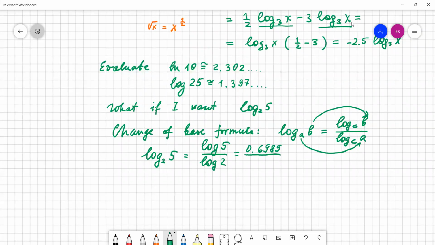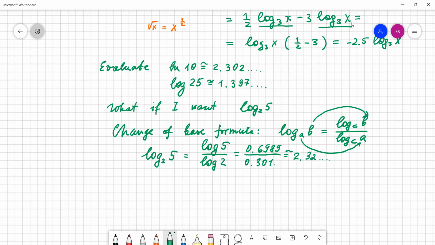Log of 2 equals 0.301, and the ratio between them, log of 5 divided by log of 2, is 2.32 and more digits approximately.